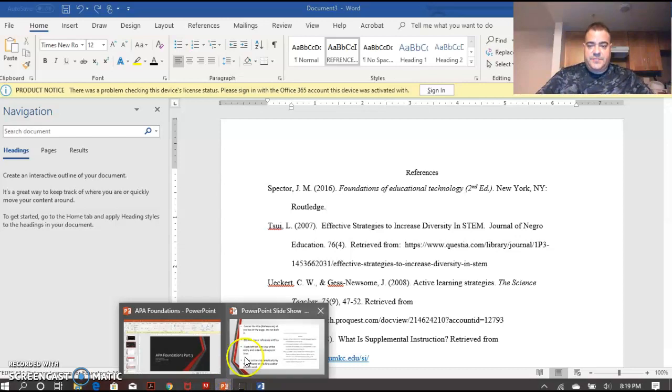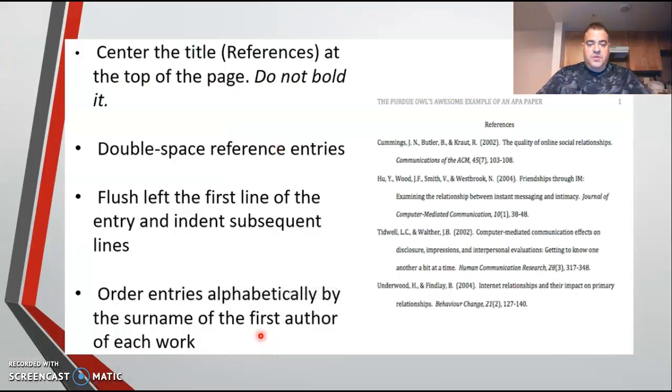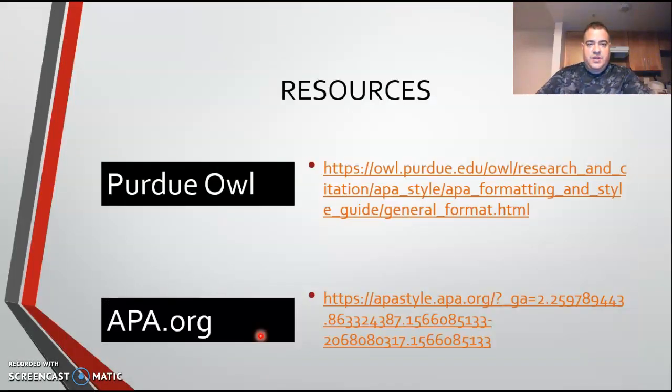Having said that, the other thing that I can say at this point is that when it comes to understanding, creating your references, etc., again, this was only meant to be a high-level overview. My recommendation is that you use some of the resources that are available.